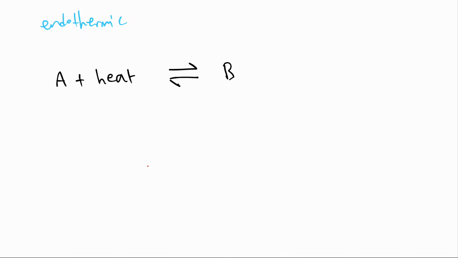Then let's look at endothermic reactions. Endothermic reactions require heat for the forward reaction to take place. So one of our reactants is going to be heat. Then, if we decrease the temperature, what would happen?